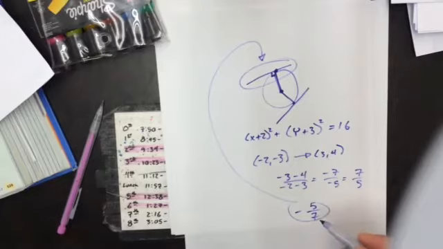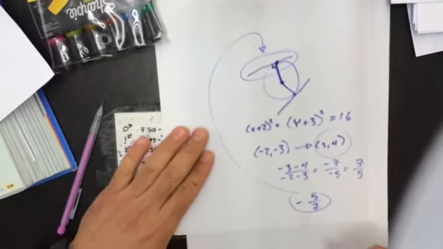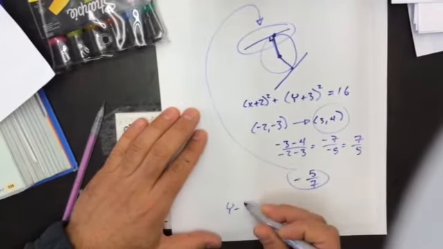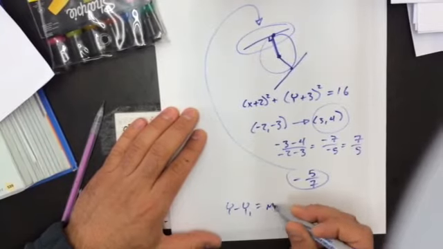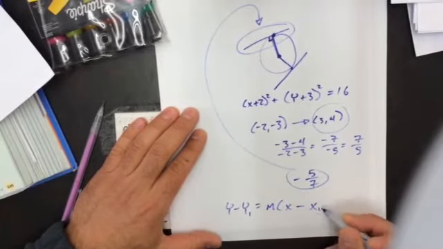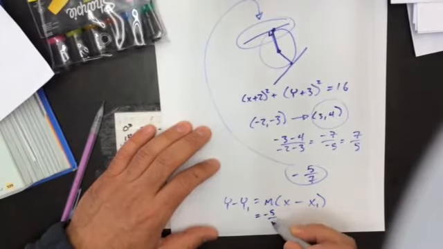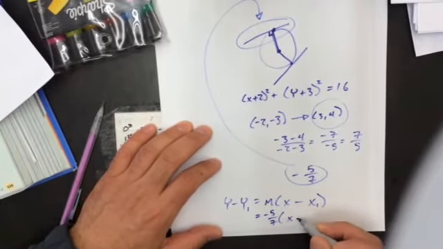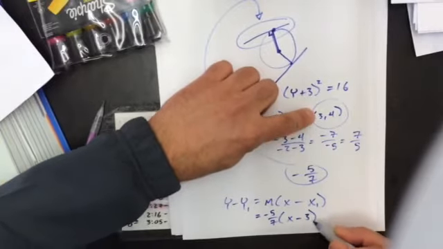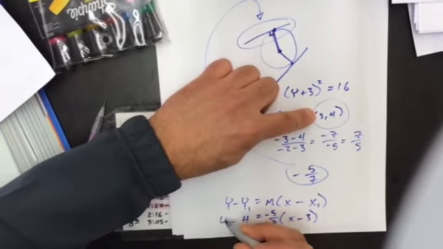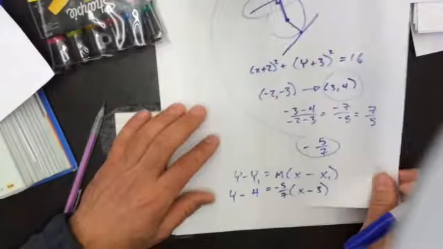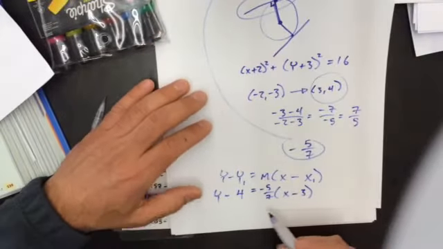So the slope of this line is this, and it goes through this point. You guys should remember the equation for point slope form. You probably don't, but here it is right here. So I'm going to use my slope of negative 5 over 7, my point of 3, 4. And in order to find the slope of the line, I got to get it into slope-intercept form.